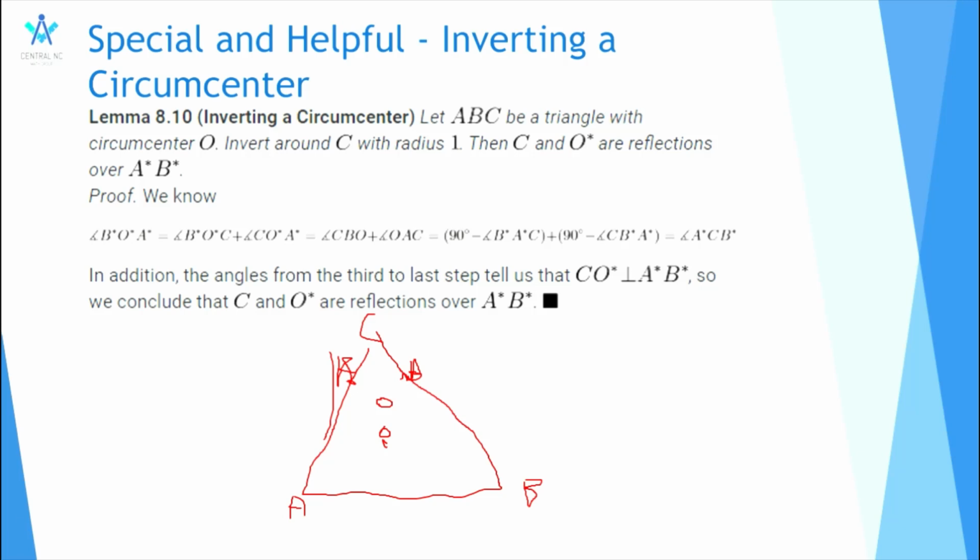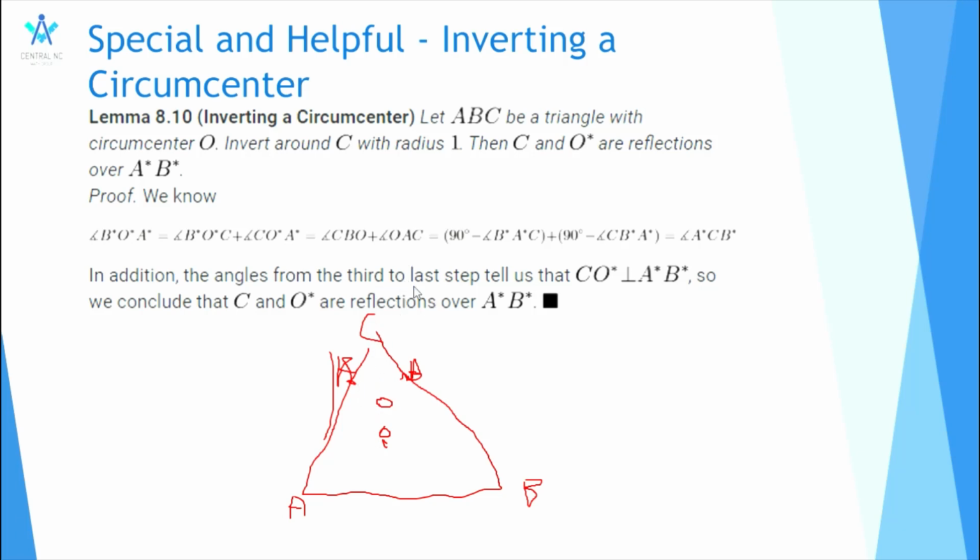We know B prime, O prime, A prime is, we're using directed angles here, B prime, O prime, C prime plus C prime, O prime, A prime, which is directed angle addition. And then using some circumcenter properties that we preserve through these directed angles, B prime, O prime, C prime is equal to CBO plus OAC in directed angles.